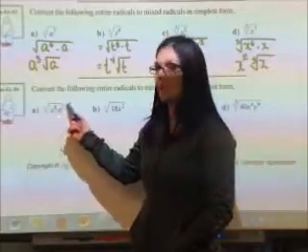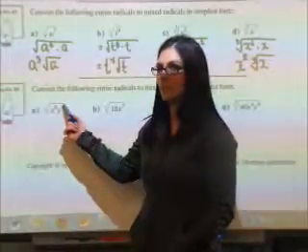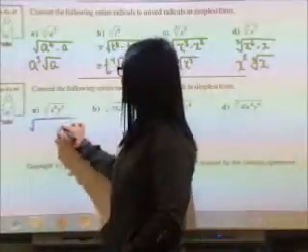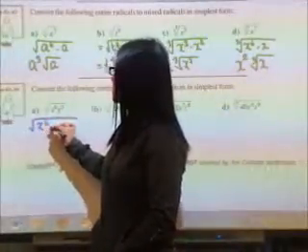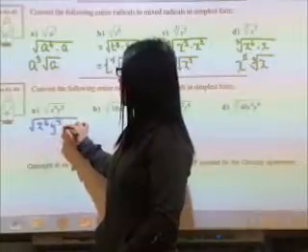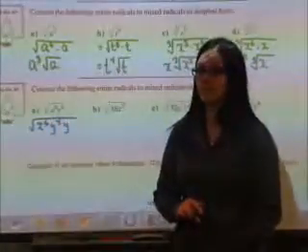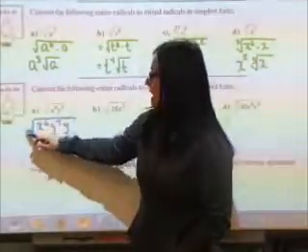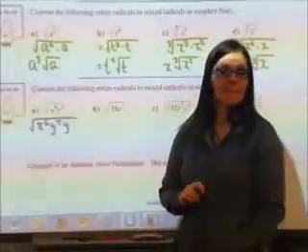Can I divide 5 by 2? No. What can I divide by 2? 4. So I change the y to a 4 and a 1. What is the square root of x to the power of 6? X to the power of 3.